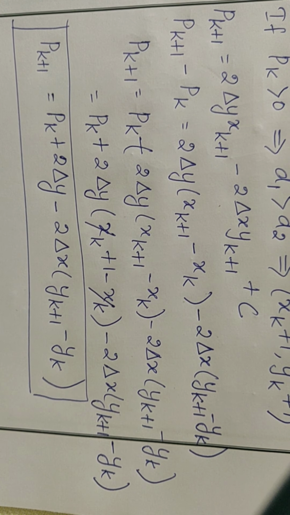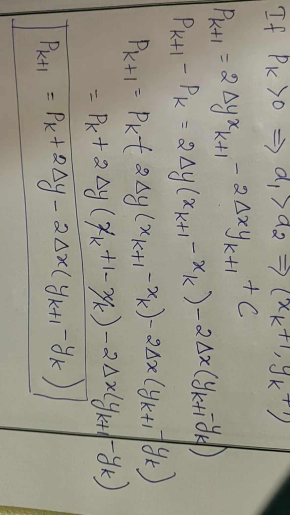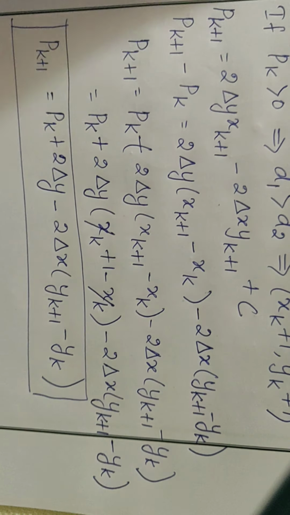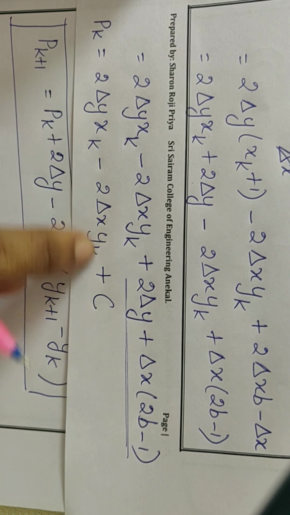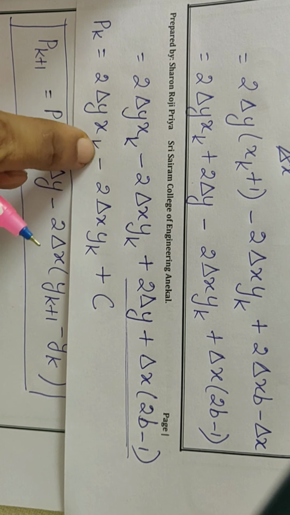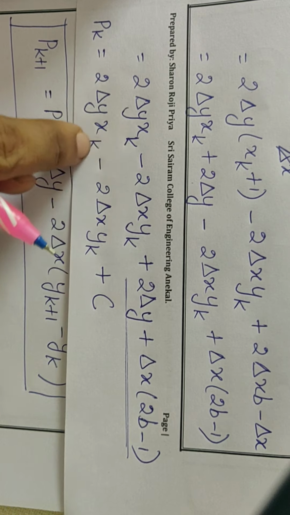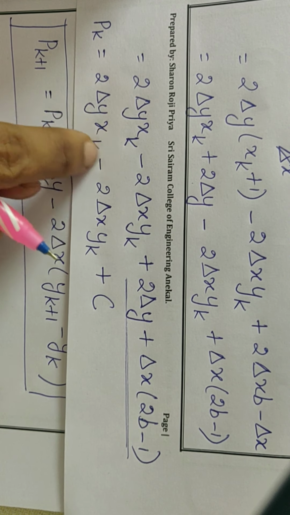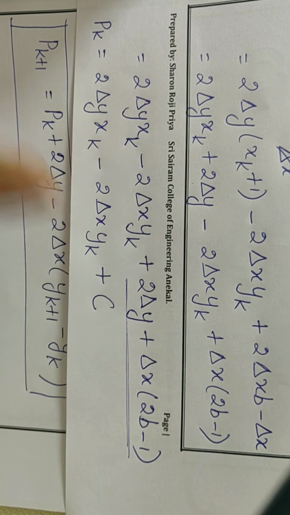Now suppose my starting point is the origin. I have to find the pk value at the starting point. In this pk equation, in the place of xk and yk, since it is origin, I should substitute k value as 0: x naught, y naught are 0, 0.